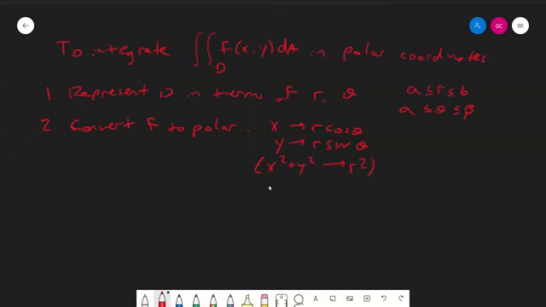So it's easier to just remember that x squared plus y squared becomes r squared. And finally, you're going to change dA, not just to dr d theta, but to r dr d theta. And this r pops up here for the same reason as it did in the area problem we were just looking at. Okay, so that's the high-level picture. So let's look at some examples to see how that works.